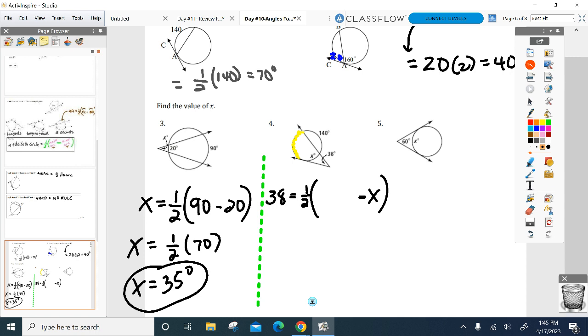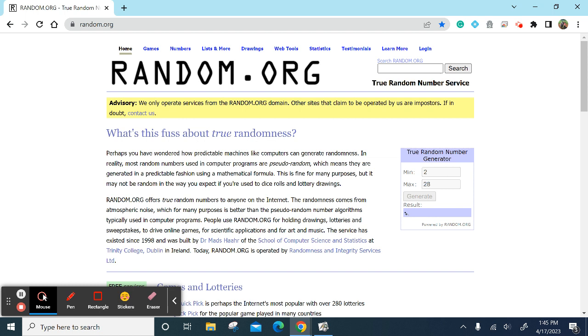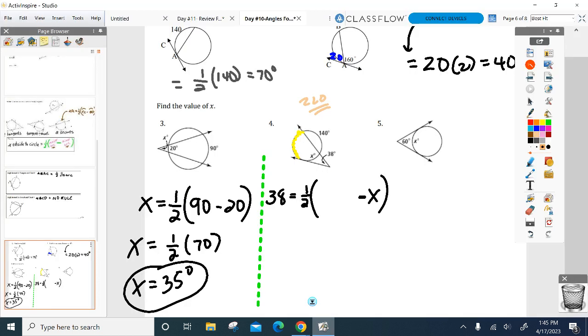I got 140, and I know there's 360, so there's 220 remaining. But it's got to be shared between the major and the minor. I just called that minor one X, and I know between them there's 220. So how can I write what my major arc's going to be now?